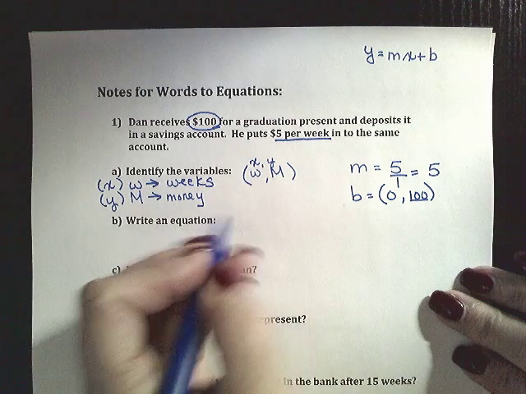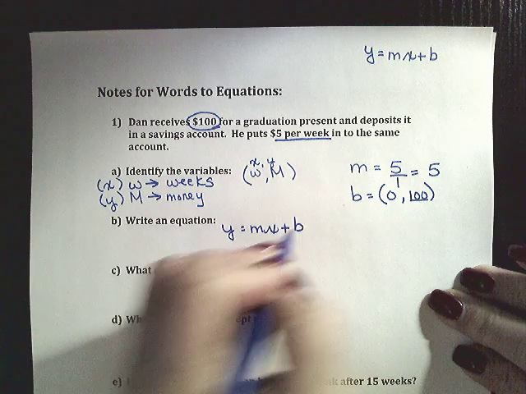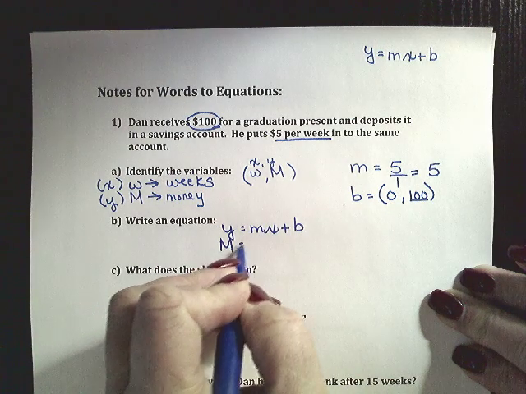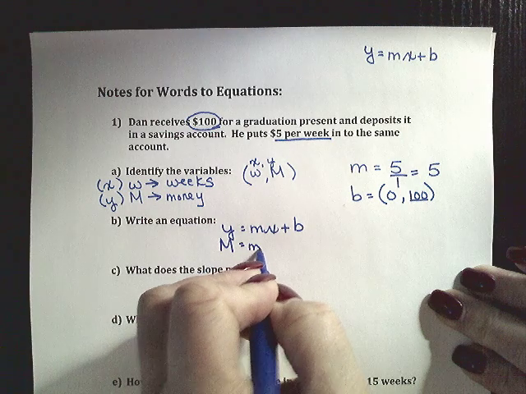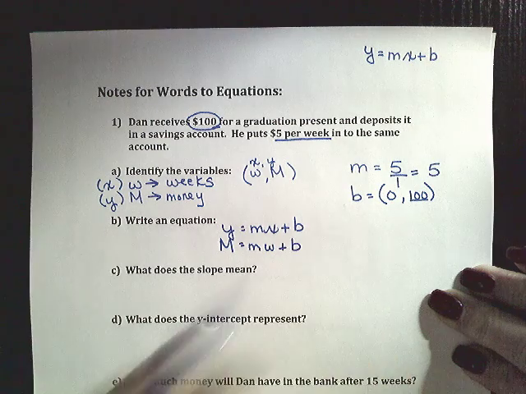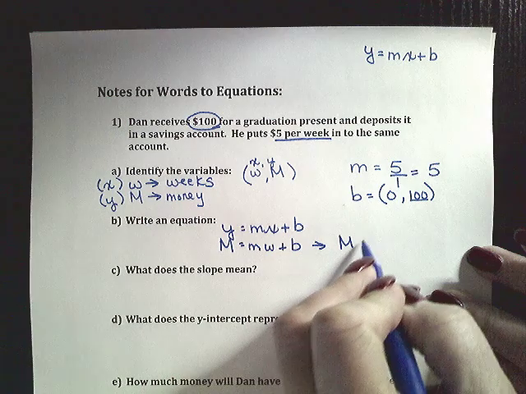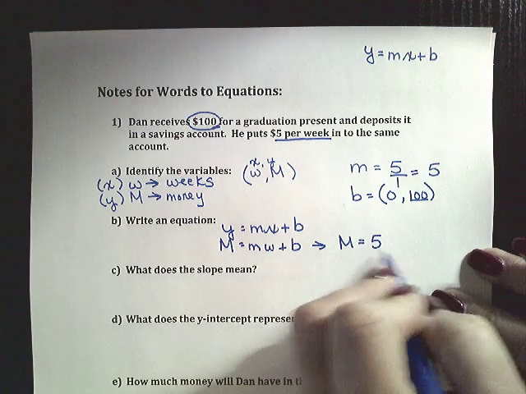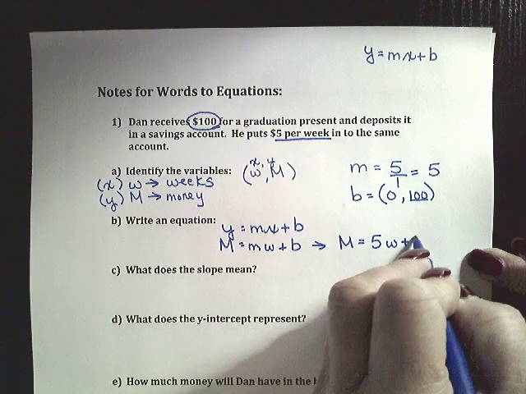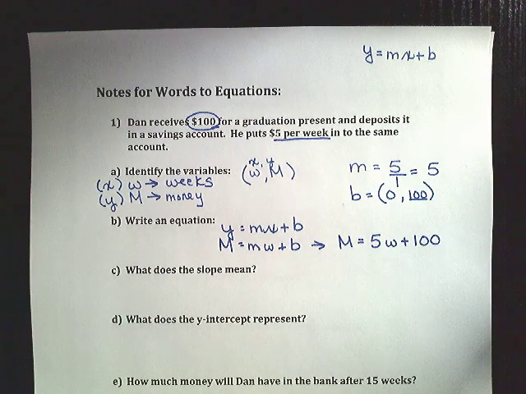All right, so our equation is going to be y equals mx plus b, which is the same as saying capital M equals slope times W plus b. And that would be M equals 5W plus 100. Okay, so that's fine, but what does it actually mean? What does that slope mean here?